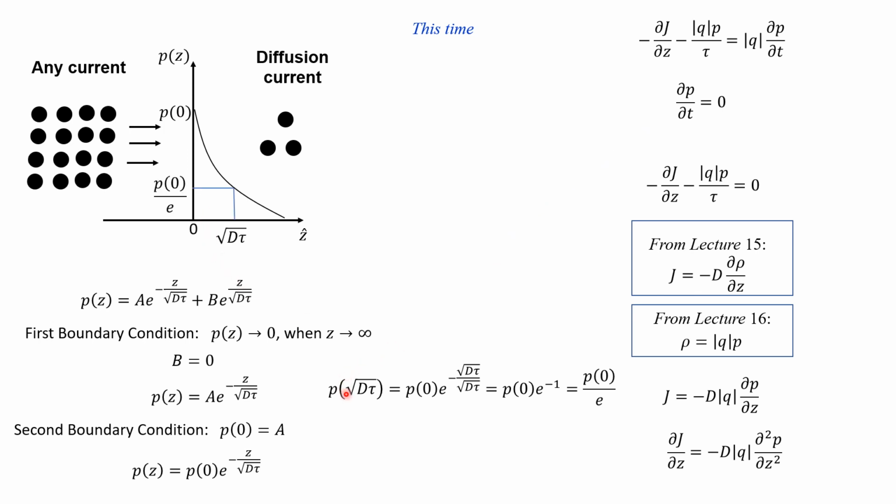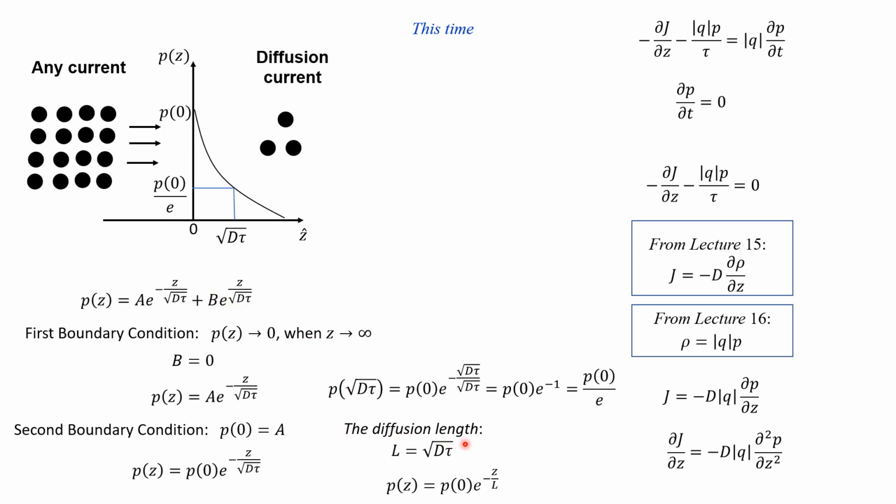So if we locate this point here in the plot, this will be the point where the original concentration is reduced by this factor. So we can say that the typical distance the particles propagate is given by the square root of the diffusion coefficient times the lifetime. And we can use this distance to define the diffusion length. So the diffusion length, by definition, is the distance the particles propagate until the concentration drops by the 1/e factor.